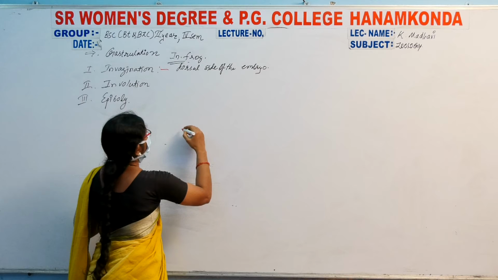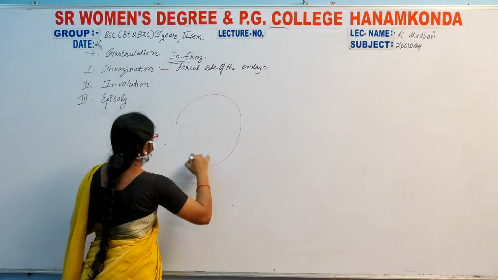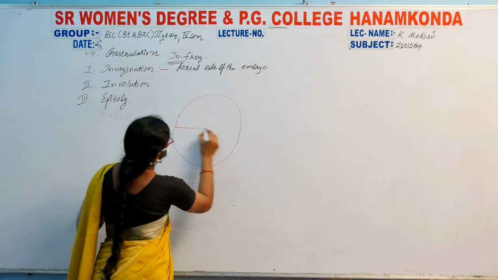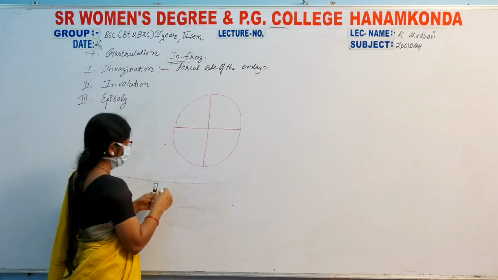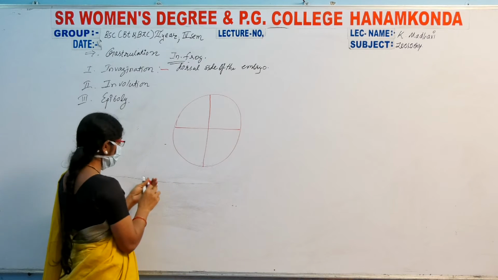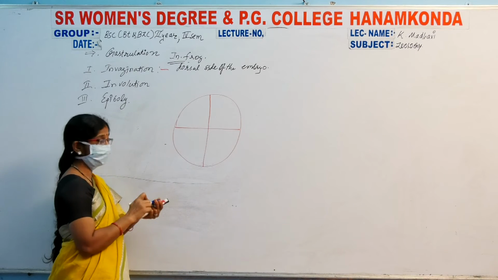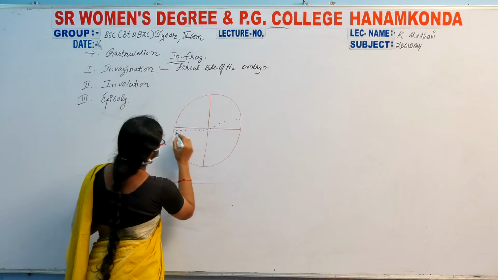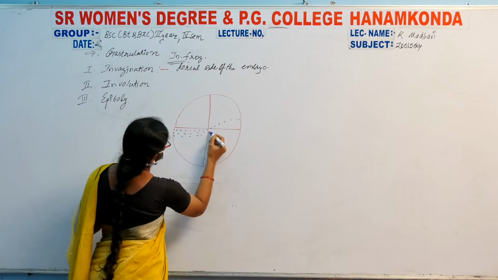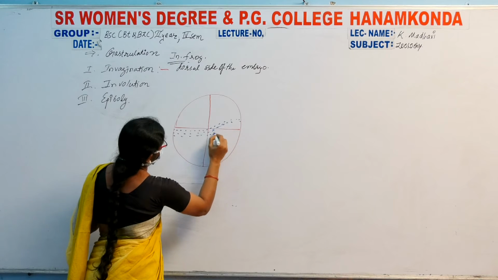Let us draw a simple diagram. This is a cell, and this is the equator line. Here we make a simple structure, the crescentic matter, with dot-like structures.